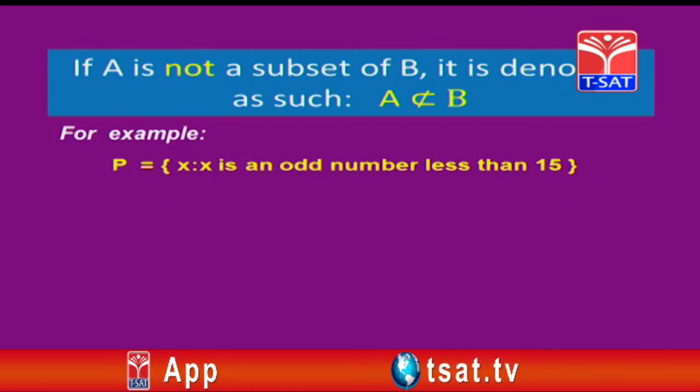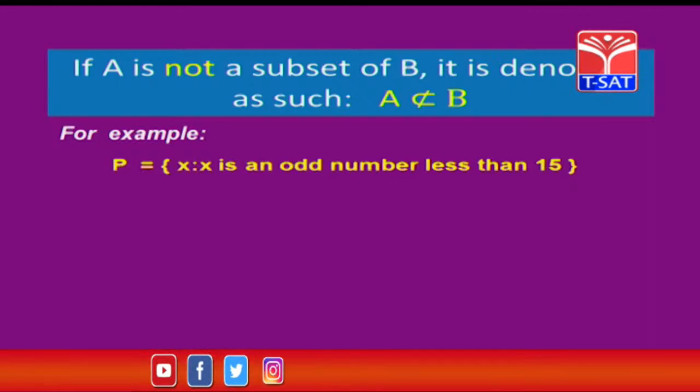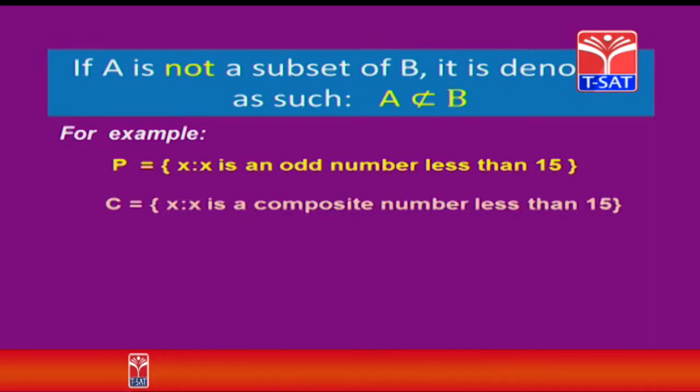For example, P is a set {x such that x is an odd number less than 15}. That means, odd numbers less than 15. C is a set, C is equal to {x such that x is a composite number less than 15}. You know what we mean by odd number and composite number.